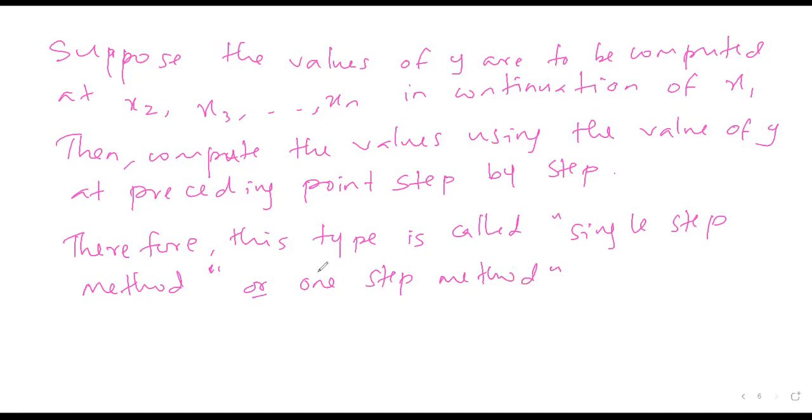So if I ask you in the questions to briefly describe the meaning of single step method, you have to write this point: from each point we are finding the preceding point, therefore we call it a single step or one step method. Okay, so let me continue.